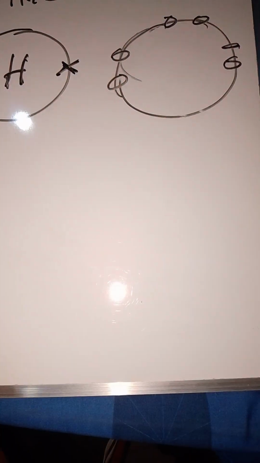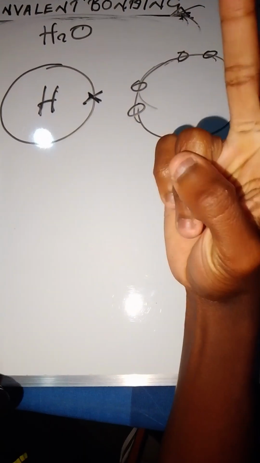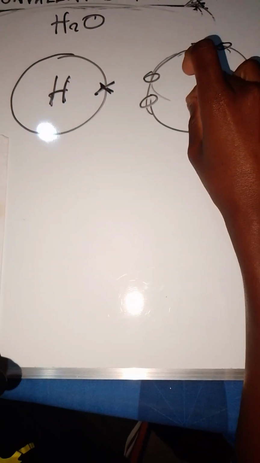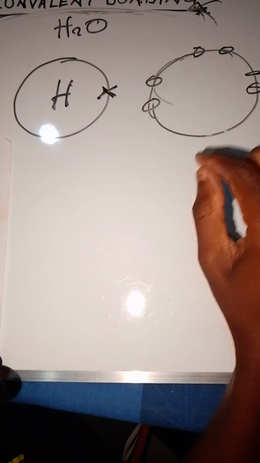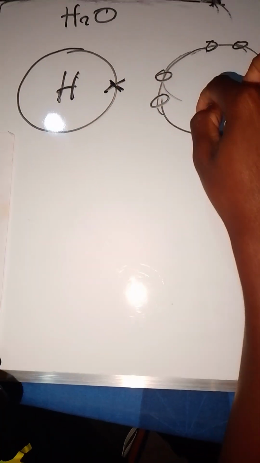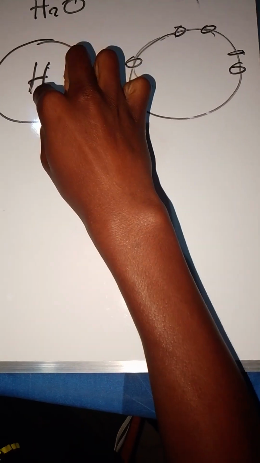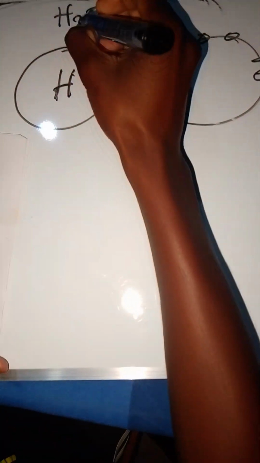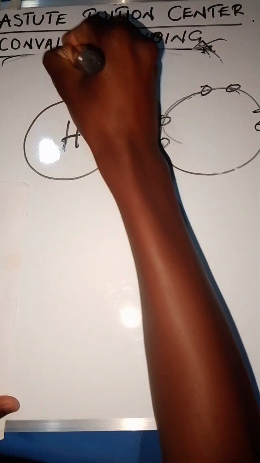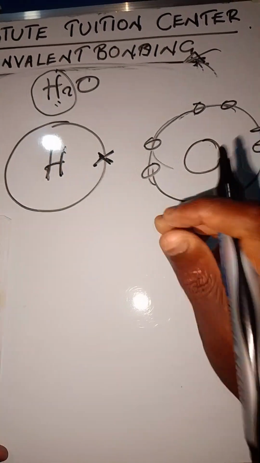For hydrogen to be stable, it needs to have 2 electrons in its outermost shell. For oxygen to be stable, it needs to have 8. Since oxygen has 6, and we have 1 hydrogen atom, when it gives 1 and oxygen gives 1, the hydrogen will have 2 electrons. But for oxygen, since we only have 1 hydrogen, oxygen will have 7 in its outermost shell. Therefore, we need 2 hydrogen atoms, so that even oxygen can be stable.